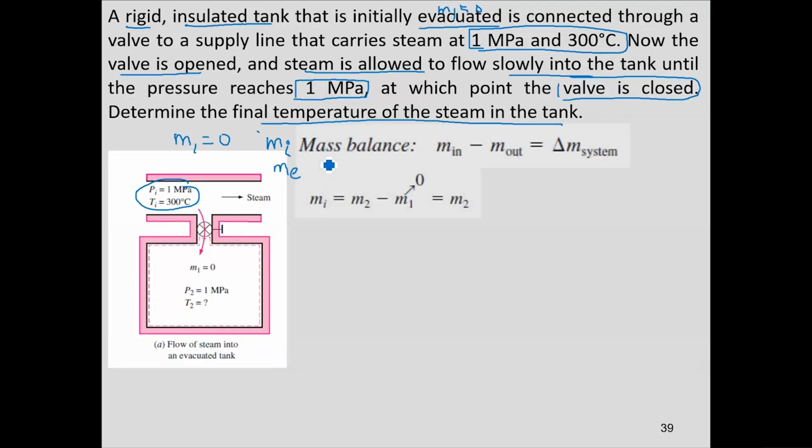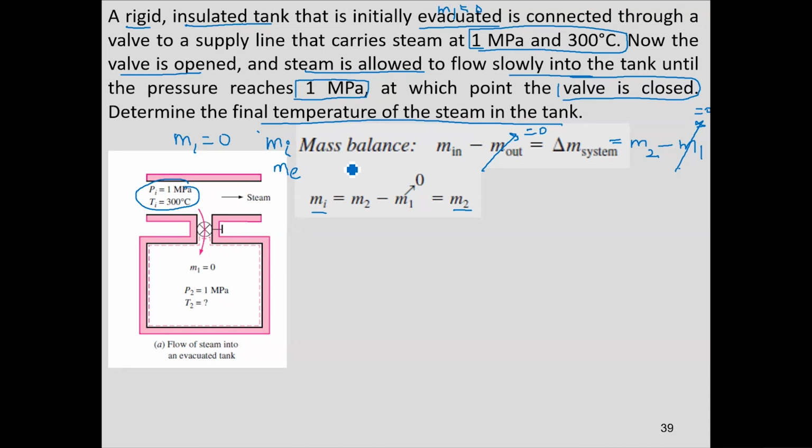If you look at the mass balance equation, it says that m in minus m out is equal to m2 minus m1, the mass at the final state and the mass at the initial state. There is no exit, so m out is 0. There is no mass leaving the system. Initially, at time t equals 0, m1 is 0. So the mass at the inlet is equal to the mass at the final state. Whatever entered through the inlet was there in the system at the final state.